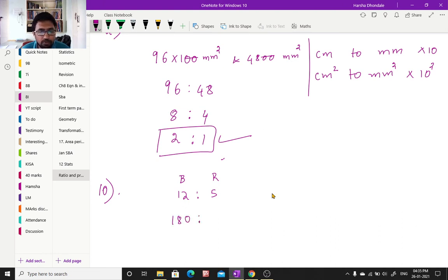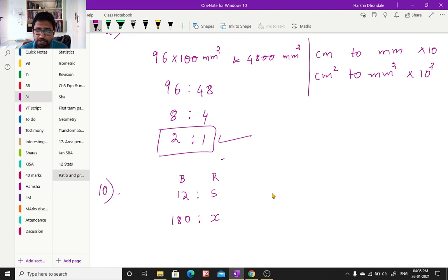Then how many of them voted for red? I don't know. I'll call it X number of people who voted for red. Now you have to find the value of X. Once you find the value of X, add that value to 180. That gives you how many children voted in total.